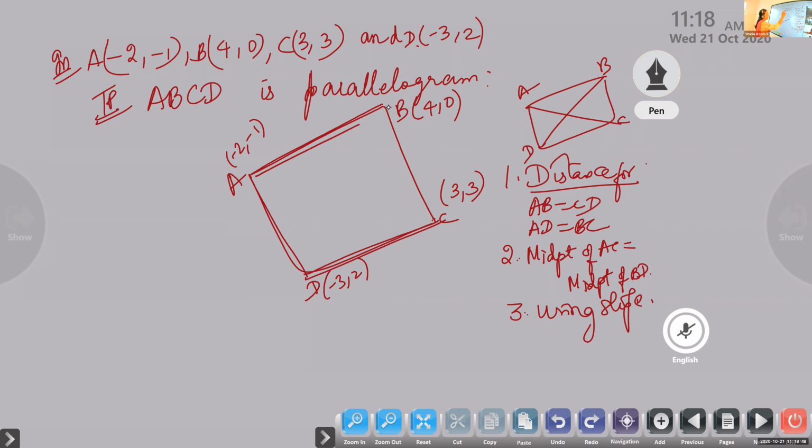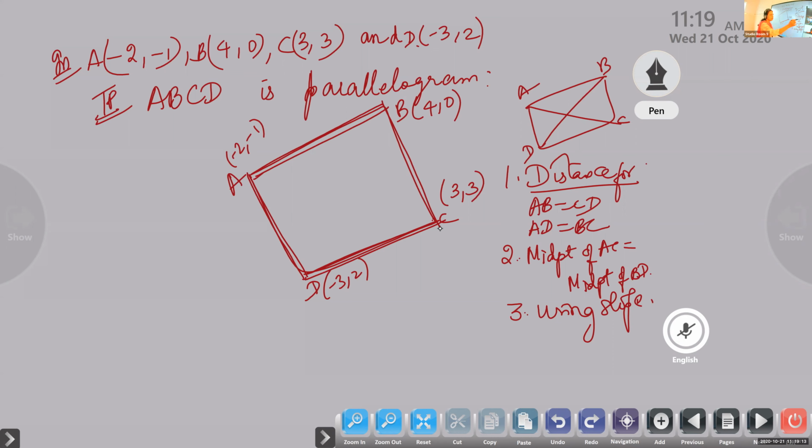If the slope of AB is equal to the slope of CD, they are parallel, so AB is parallel to CD. Similarly, find the slope of AD and the slope of BC. If they are equal, they are parallel. So opposite sides are parallel means it is a parallelogram.